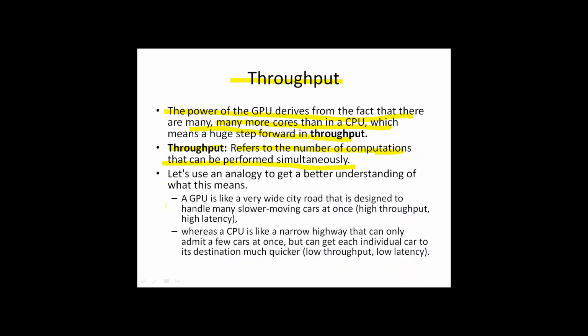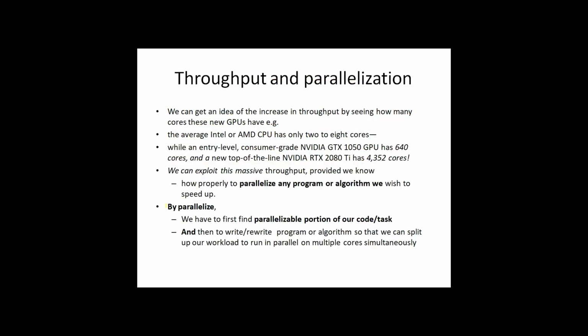Regarding throughput and parallelization, we can get an idea of the increase in throughput by seeing how many cores these new GPUs have. For example, an average Intel CPU has 2 to 8 or 16 cores, but many GPUs have far more, like 640 cores at the entry level, and the top of the line NVIDIA RTX 2080 Ti has 4352 cores.